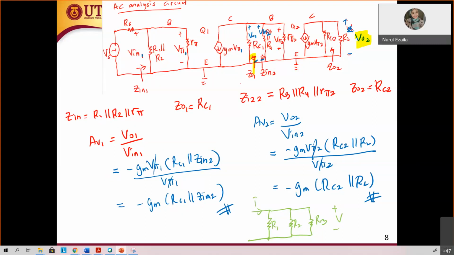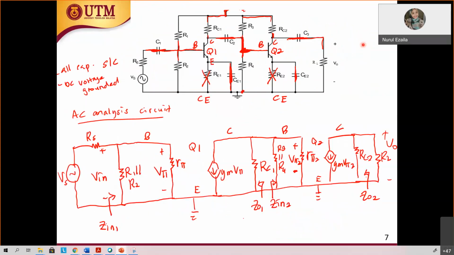Okay, Behzan? Clear? If you look at the output also, if you find V out 2, don't you have to parallel all the resistors? Not only RC2, you have to parallel RC2 with RL and then times the current. Okay, so that's it for the first example.